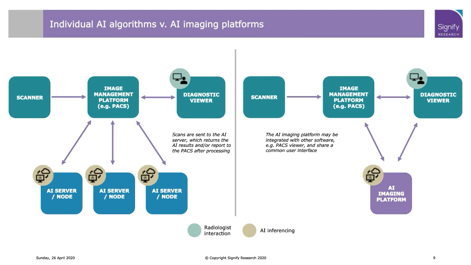However, on the right-hand side, using an AI imaging platform, it replaces the need for multiple AI servers or multiple AI nodes, and the results can be sent directly from the imaging platform to the diagnostic viewer for the radiologist to view and also interact with.